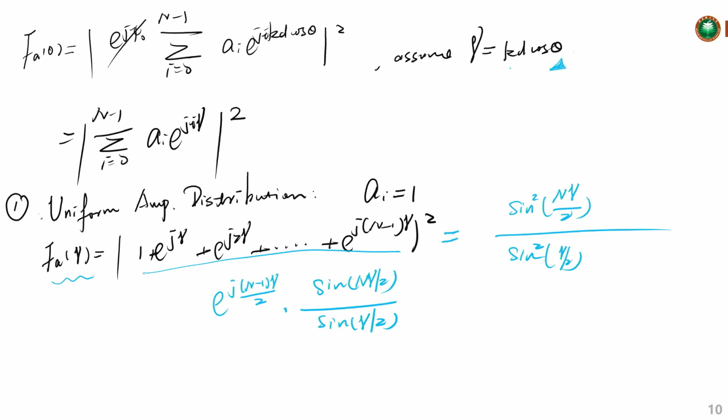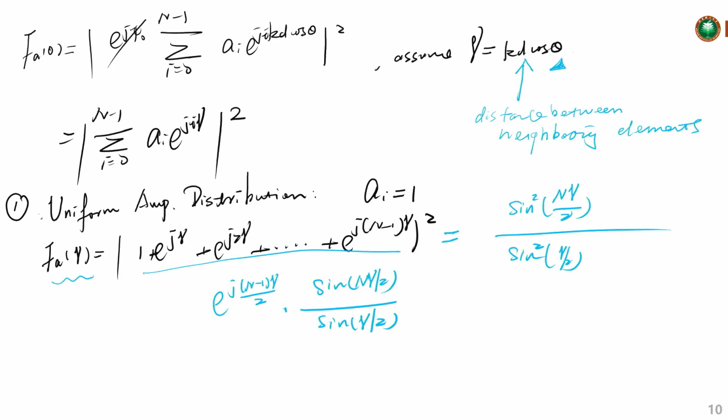The angular distribution, but here it also depends on the distance d, the distance between neighboring elements. So when we change the distance between elements, it's going to change the shape of the array radiation, all right? Because it changes the array factor here.